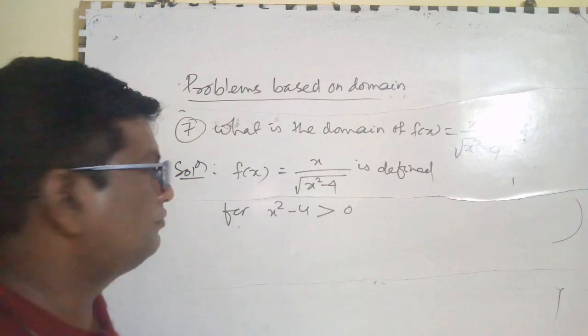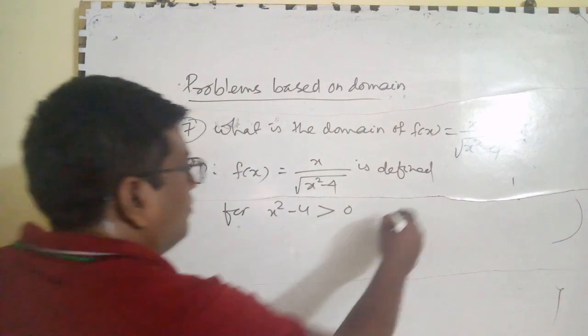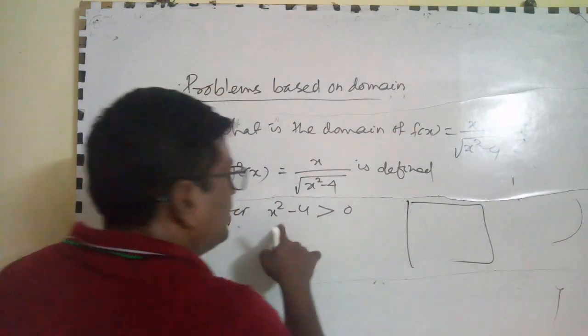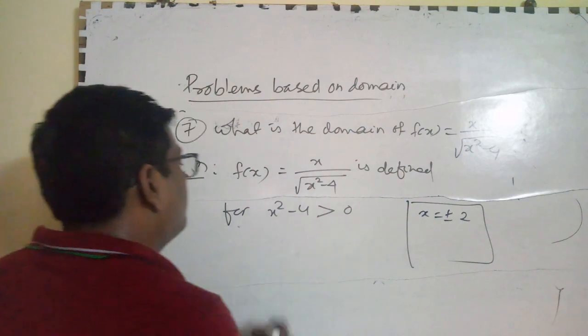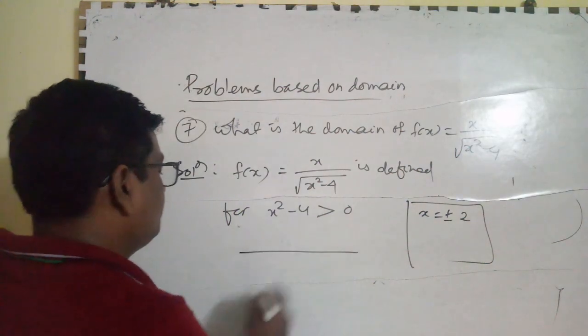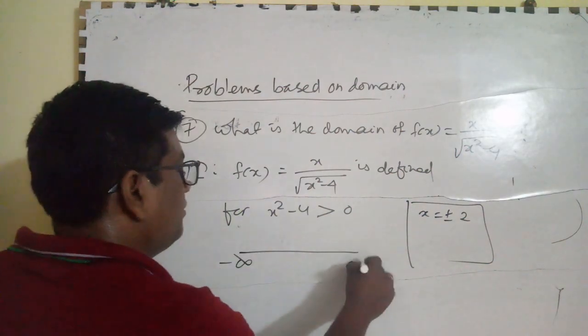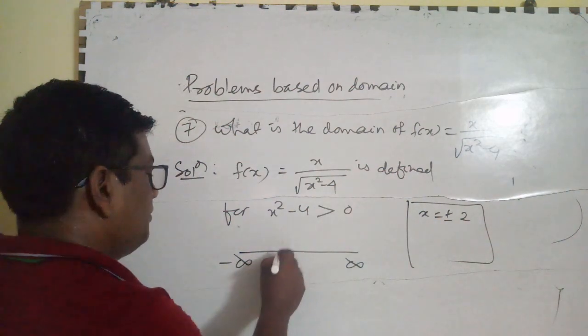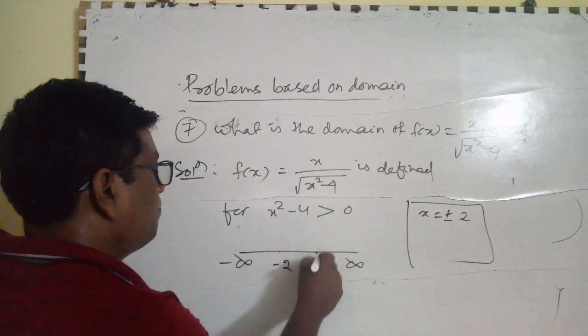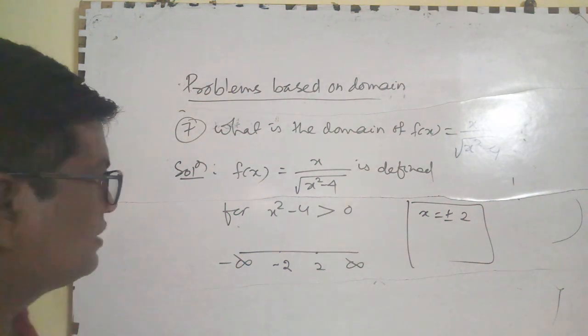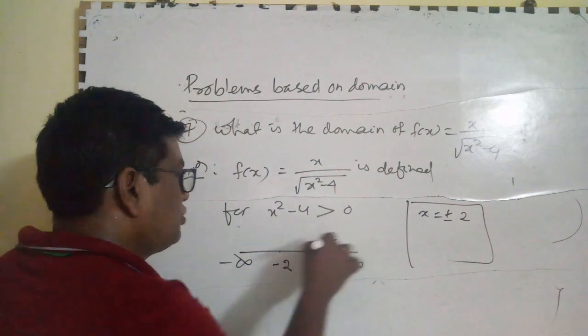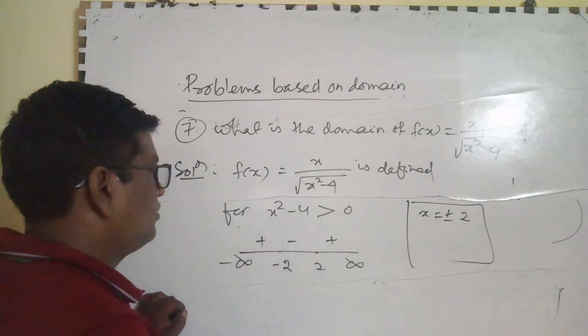Only greater than 0. As rough work, putting this equal to 0, x is equal to plus or minus 2. Now draw the number line: minus infinity, plus infinity, minus 2, plus 2. Since the coefficient of x square is positive, put plus, minus, plus.